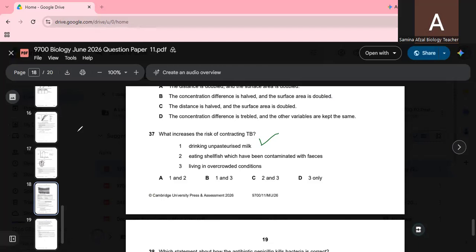Eating contaminated shellfish causes diseases like cholera and typhoid, not TB. Third, living in overcrowded conditions. Overcrowded conditions significantly increase airborne transmission of Mycobacterium tuberculosis, which is correct. So according to this, 1 and 3 are correct. So B is the correct option.